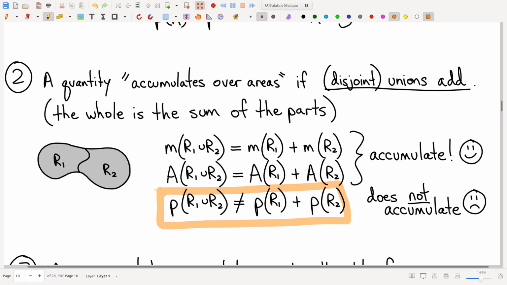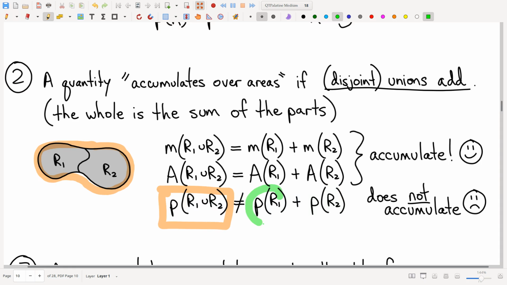Perimeter, previously discussed, is not an accumulating quantity. The perimeter of the whole is not the sum of the perimeters of the parts. You just look at the picture. The perimeter of the whole is that distance.